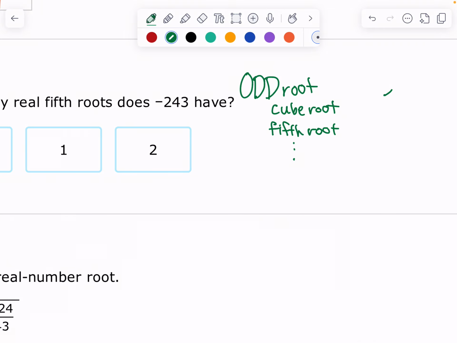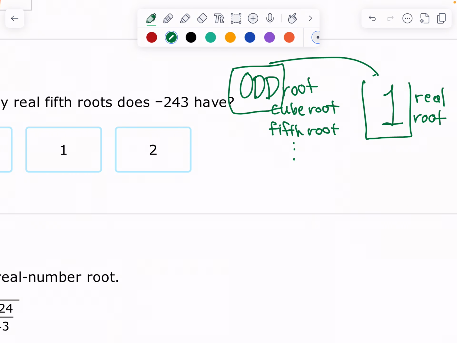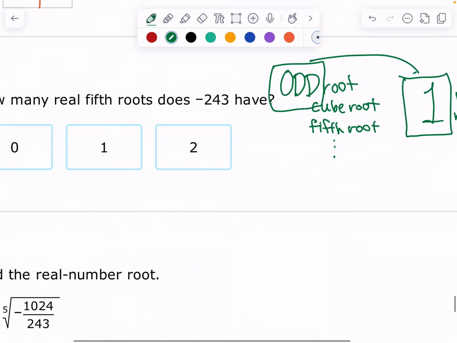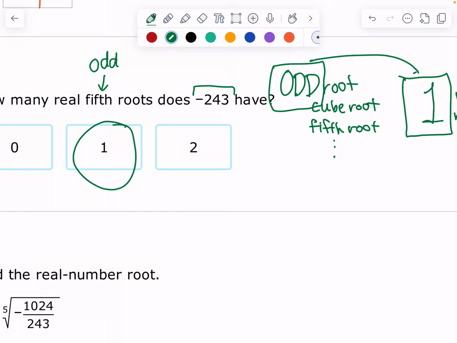Then no matter if it's positive or negative inside, there's going to be one real root. So that's nice, right? So odd is going to be always one real root. So for this one, this is an odd number. And it doesn't matter what this is, I know it's going to have one root.